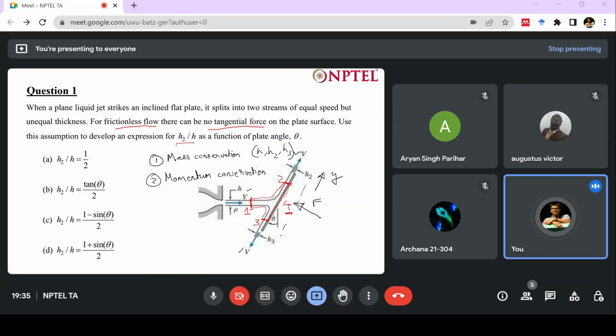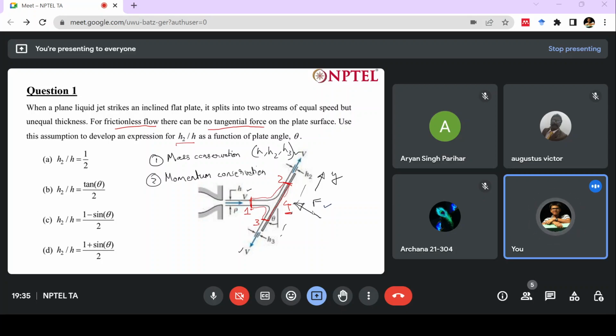Similarly, I can also perform my conservation of momentum. I am doing momentum in the y direction because in my x direction this force F is there, which is unknown, and I don't want to put this unknown force in my equations because I don't need to solve for it. I don't need this value.